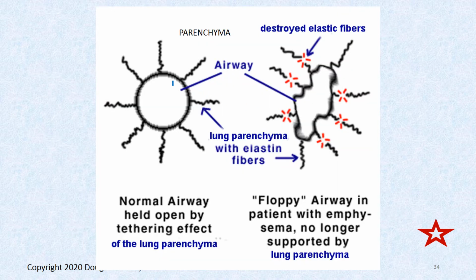There's an example of a bronchiole or bronchus, and there's one in someone with COPD, namely emphysema, where these elastic fibers have been destroyed by the disease, by inflammation. Without those tethers, the pipe just snaps shut.